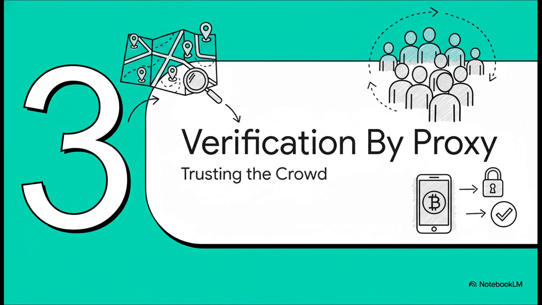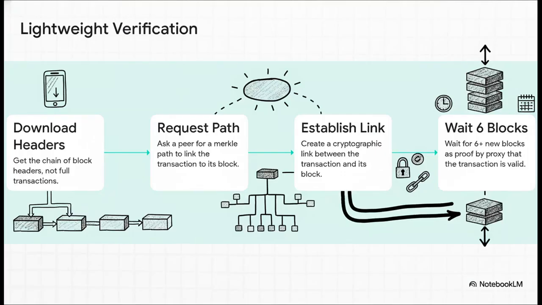Well, basically, it does it by trusting the crowd. Here's how it works. First, your phone gets that lightweight chain of block headers, the chapter titles. Then, when you get paid, it asks a full node for something called a Merkle path. This is what cryptographically connects your specific transaction to one of those chapter titles. Then, it just waits. It watches as new blocks get added on top.